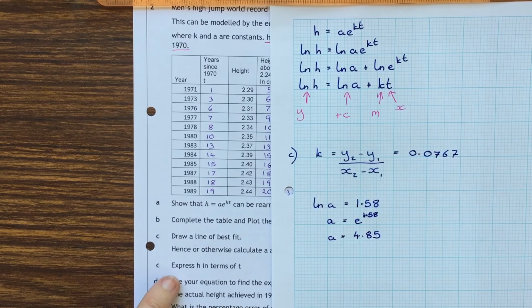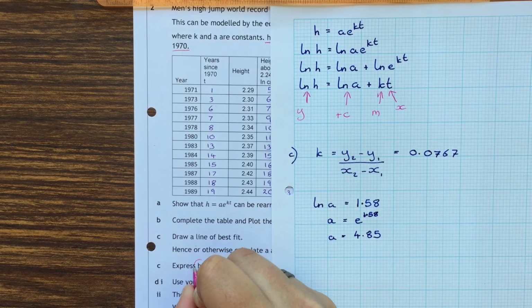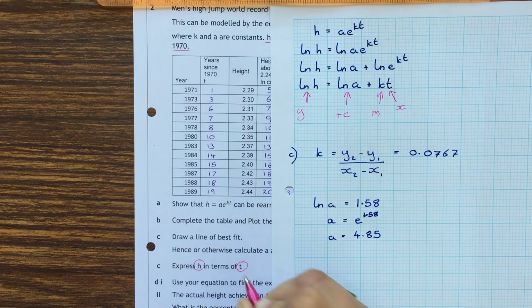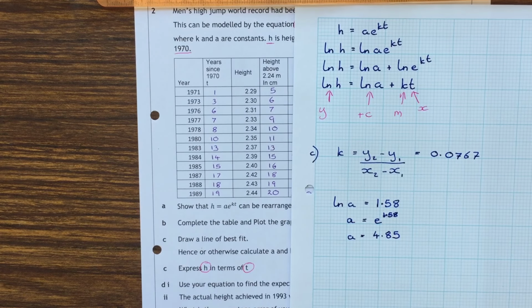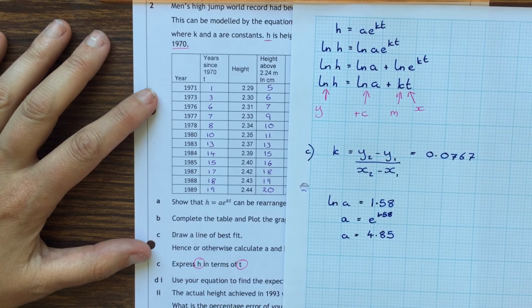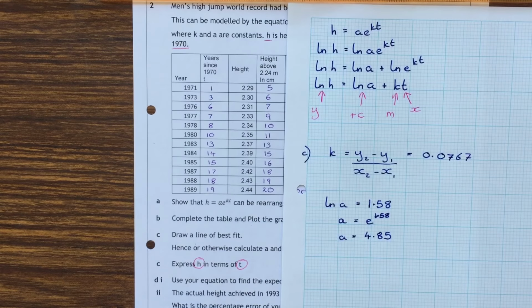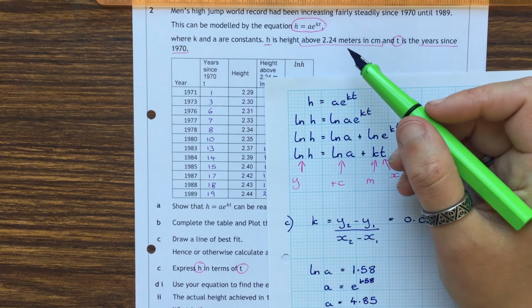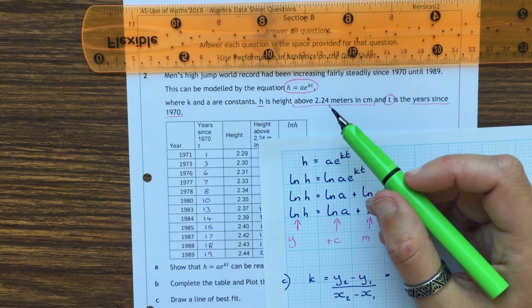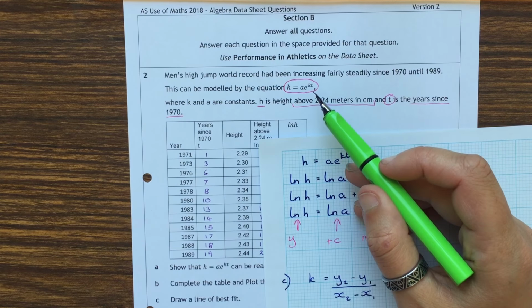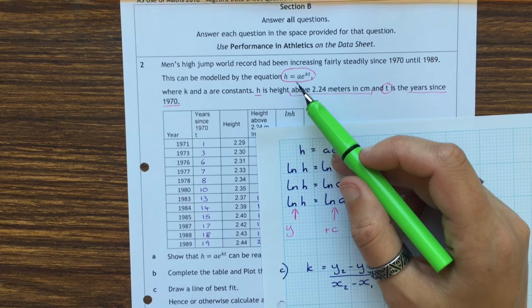We then have a question of express h in terms of t. So what that's telling us is the only letters we are allowed in our equation are h and t. So if we look back up at our original equation, we can substitute what we know into it.